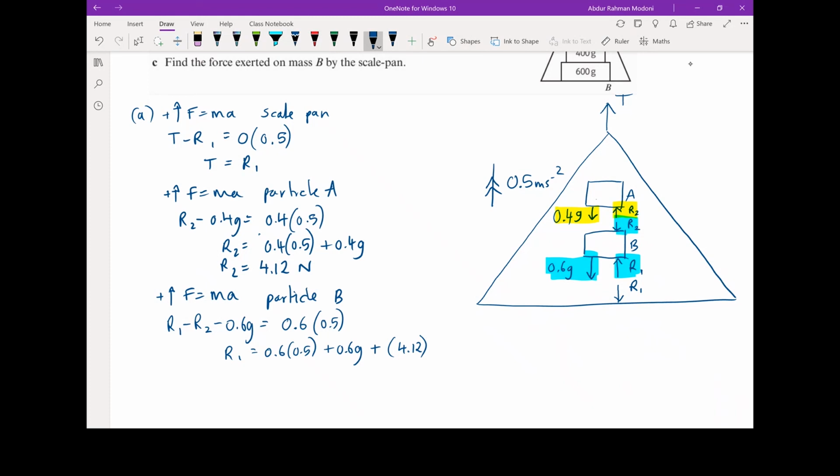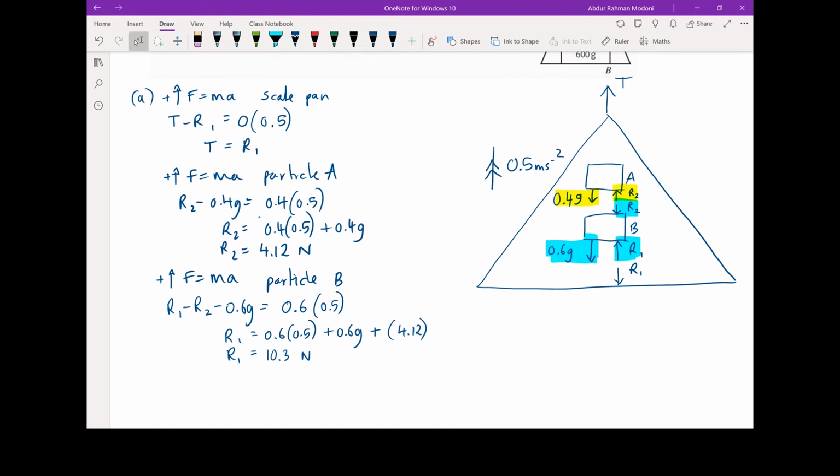This then gets us 10.3 newtons. So we've worked out what R1 is. Now remember, right at the beginning, we wrote down that T is equal to R1 by using F equals ma on the scale pan. So T is also equal to 10.3 newtons. So we found out what the tension is.